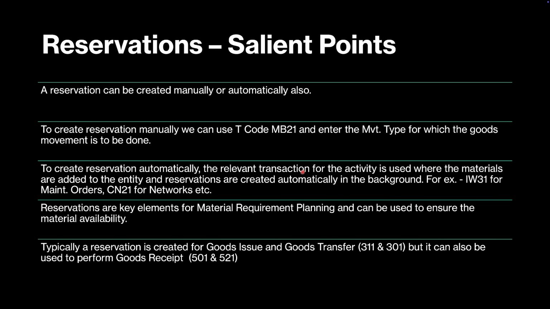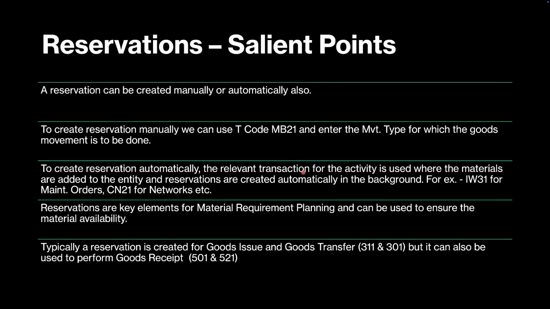Let's say that you are doing maintenance on a particular equipment, and for that you are using the PM module, that is the plant maintenance module. In the PM module, you have the facility to create maintenance orders. In that maintenance order, you will add your materials with the required quantity. This particular activity of adding components to the maintenance order will create a reservation automatically in the background.